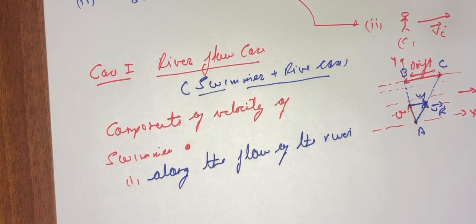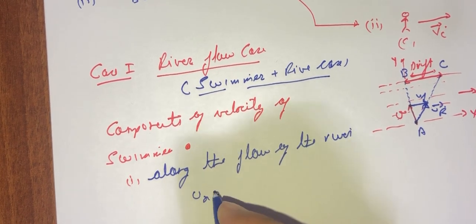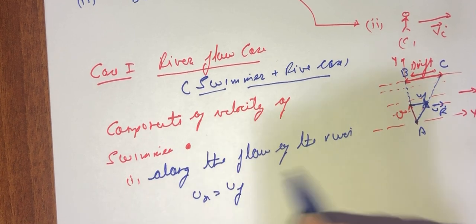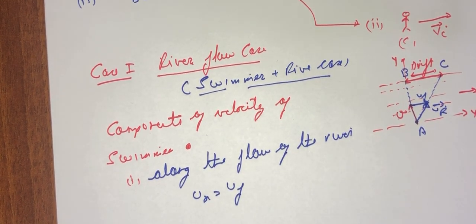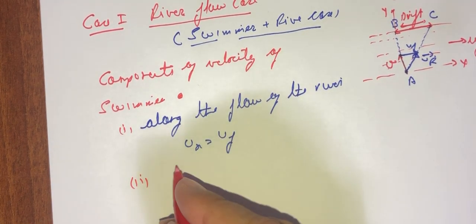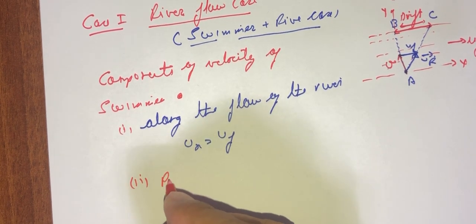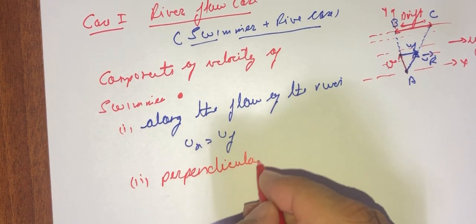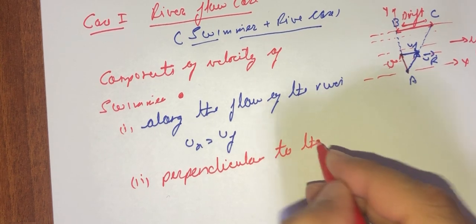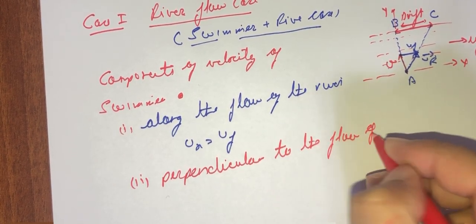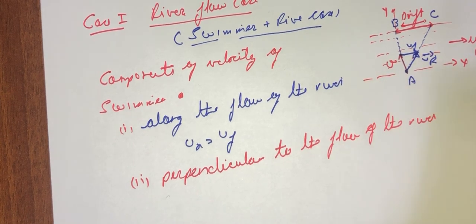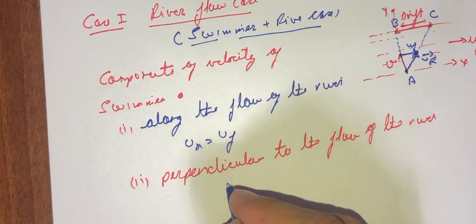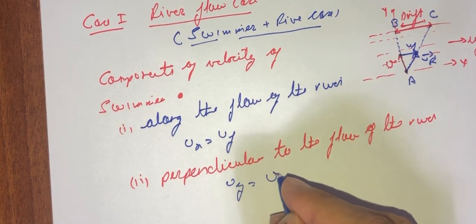So we can say that v of x will be equal to u of f in this direction, and second part, perpendicular to the flow of the river, we can find out v of y will be equal to v.